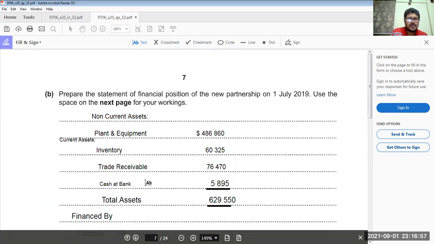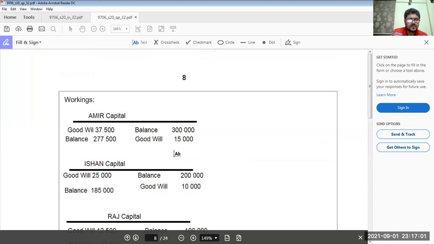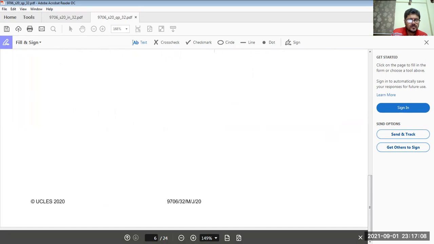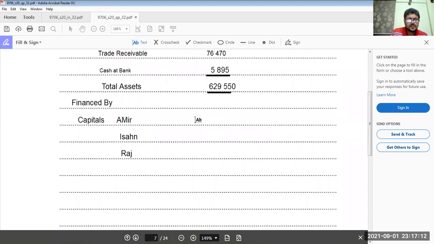Ahmed capital is 277,500. Ishan capital was 185,000 and Raj capital was 87,500.